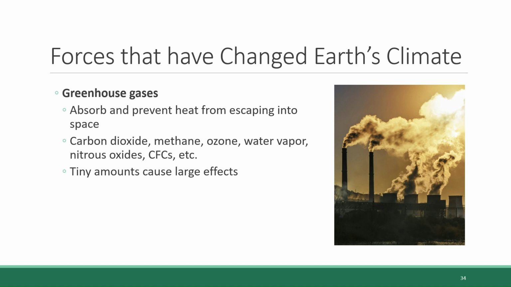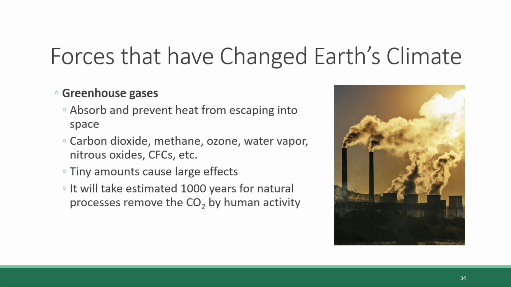You may remember from our previous chapter that 78% of our atmosphere is nitrogen, 21% is oxygen, and neither of those are greenhouse gases. So 99% of our atmosphere is oxygen and nitrogen. And then of that remaining 1%, greenhouse gases only account for a fraction of it.